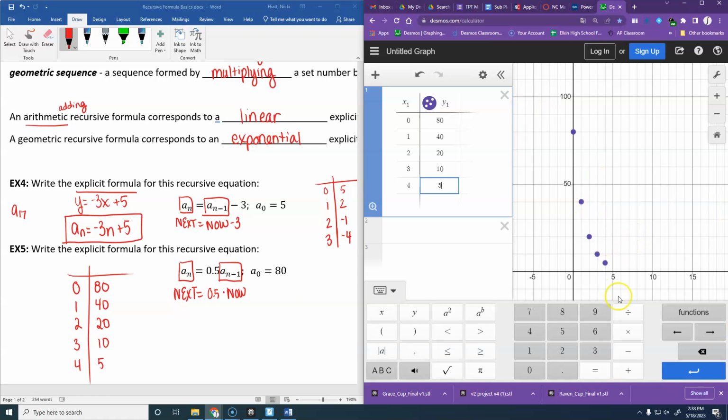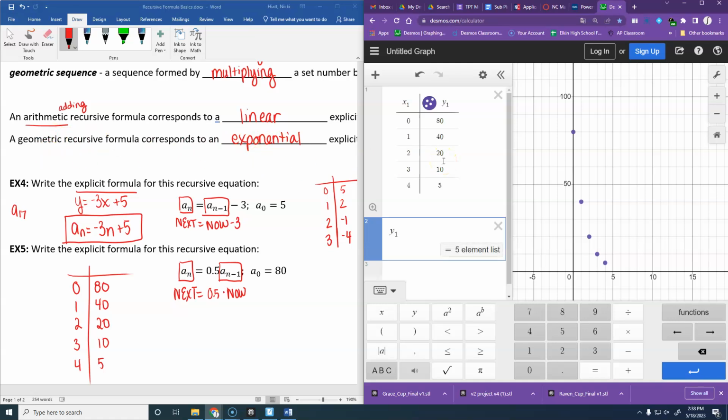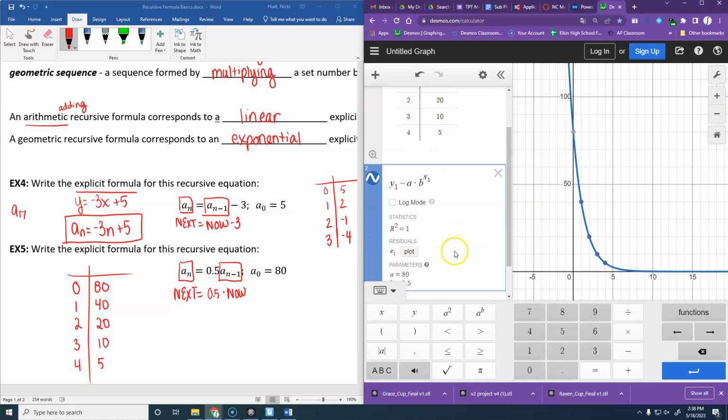Okay, does that look like a line? It looks pretty curved to me, right? That's one reason we wrote this up here. If you're multiplying by a number each time, it should be exponential. So if we do y equals a times b to the x power, it is going to give us an exponential.